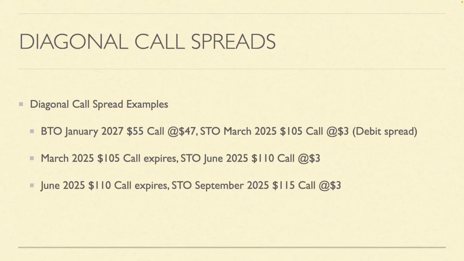If again our June 2025 $110 call expires, we would sell to open a September 2025 $115 call for $3, maybe. Our cost has now decreased to $38 per share, and our spread is $60, a potential profit of $22: $5 from the larger spread and $3 from the premium.